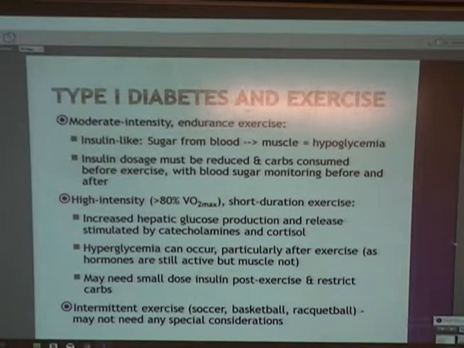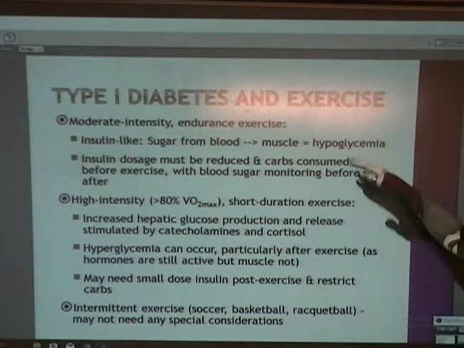The contraction, relaxation, this repetitive muscle contraction encourages the movement of sugar from the bloodstream into the muscle tissue. So it will increase the risk of hypoglycemia on top of their shot if they took their shot ahead of the exercise. Right?